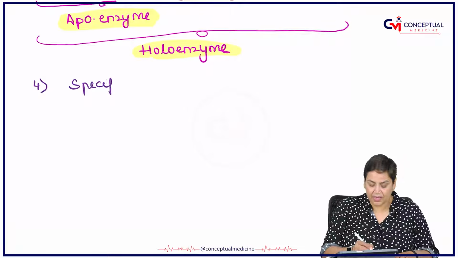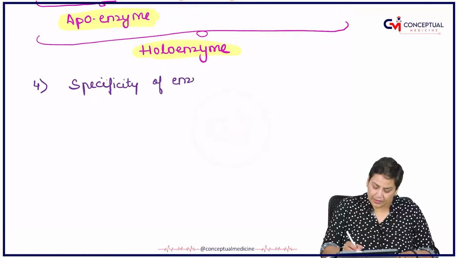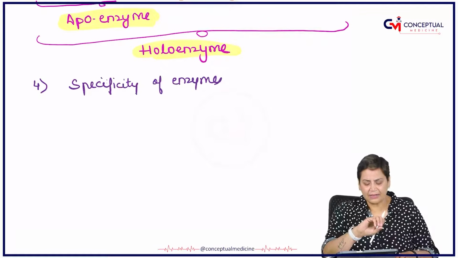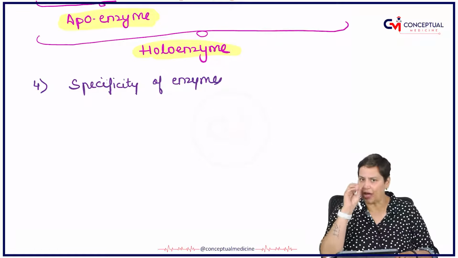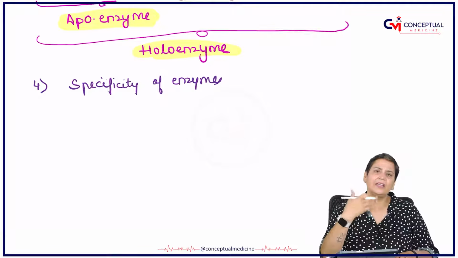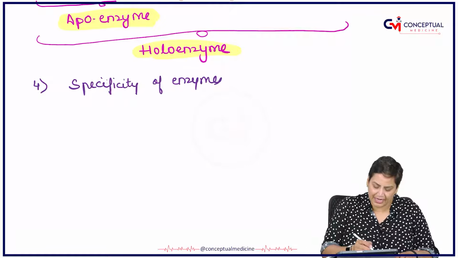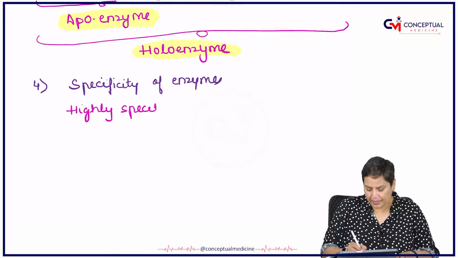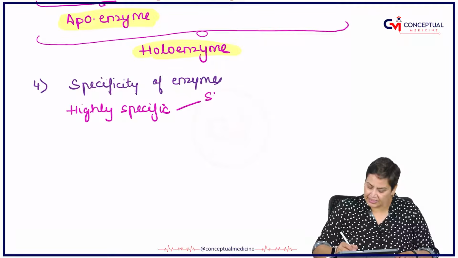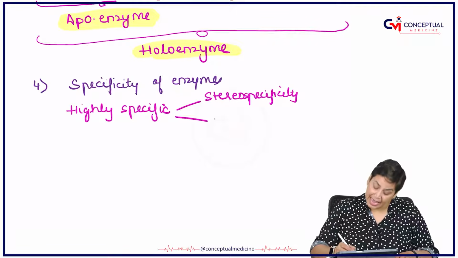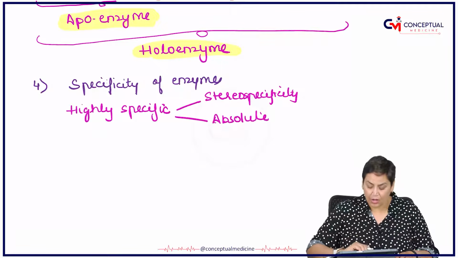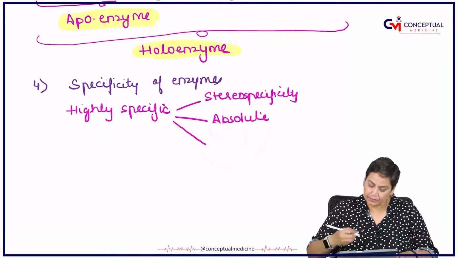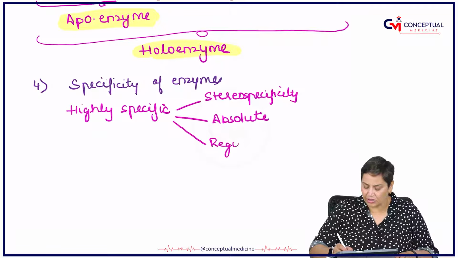Specificity of enzymes. If we talk about the specificity of enzymes, no matter what happens, enzymes are region specific, enzymes are absolute specific, enzymes are stereo specific. In a nutshell, enzymes are highly, highly specific. So I can simply write that enzymes are highly specific, whether it is stereo specificity, whether it is absolute, or if we talk about region specificity or regiospecificity.